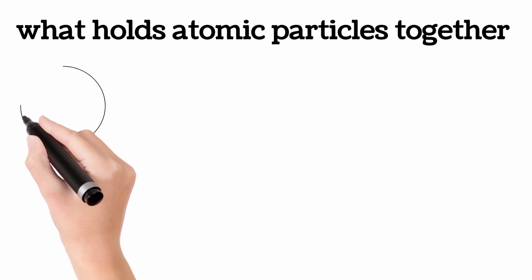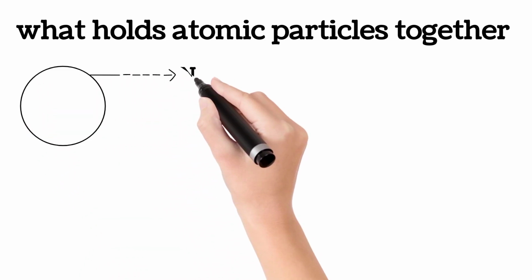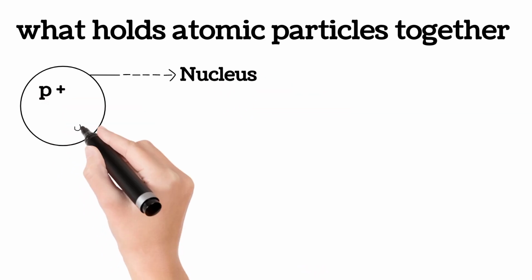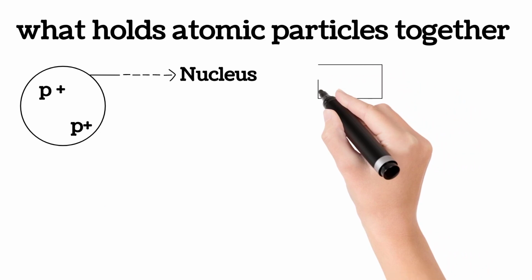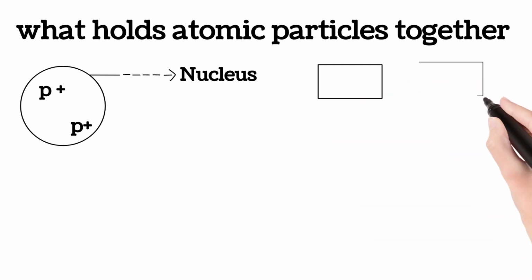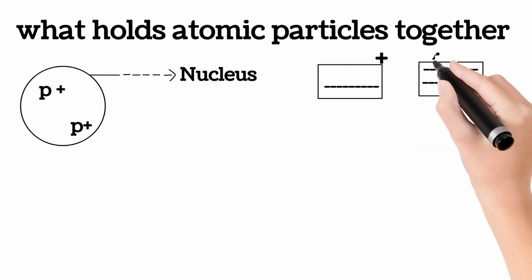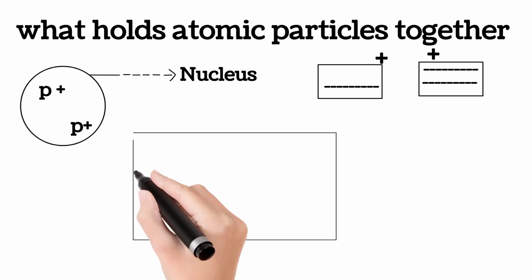Now, which forces hold these particles together? Which force holds these subparticles together? In the nucleus, we have the proton, which is positively charged. So if you have two protons which are positively charged, it's just like looking at two poles of a magnet which are similar, let's say the north pole and the north pole facing each other.